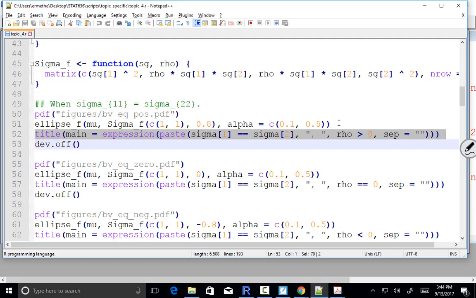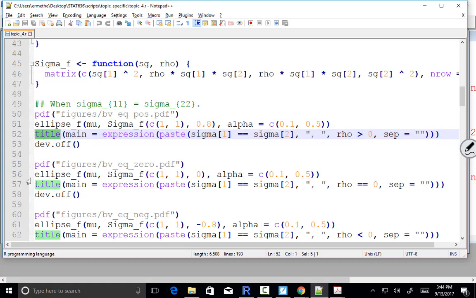All types of things. So many of those add-on features for customizing are done after you create a base picture. So ellipse F just made a base ellipse picture. And now I want to add a little bells and whistles. So what I'm going to do is use the title function.